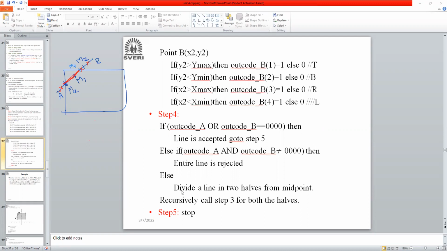In the else part, for a partially visible line, divide the line into two halves at the midpoint and recursively call step number 3. That is, for every midpoint also you have to check the outcode and repeat this procedure till you get the intersection point of the window and the line.